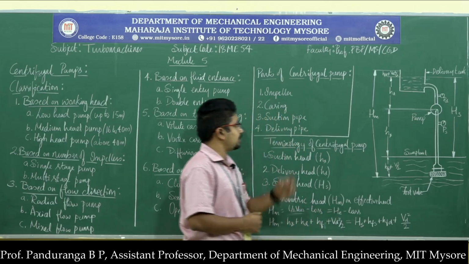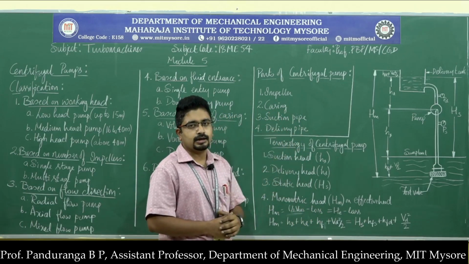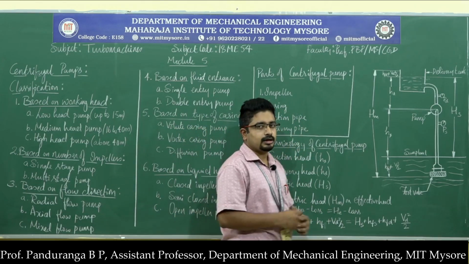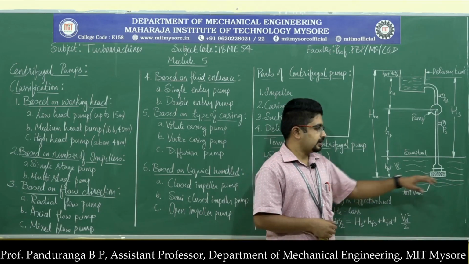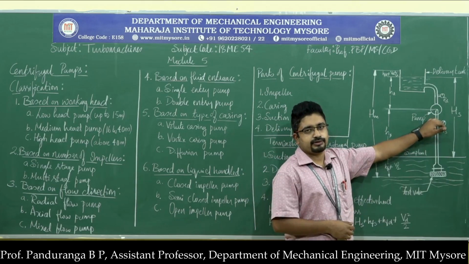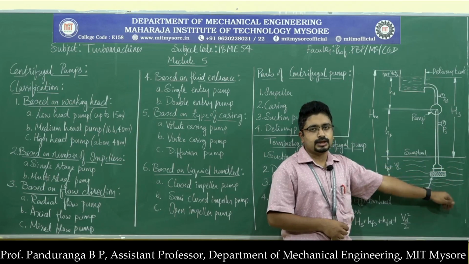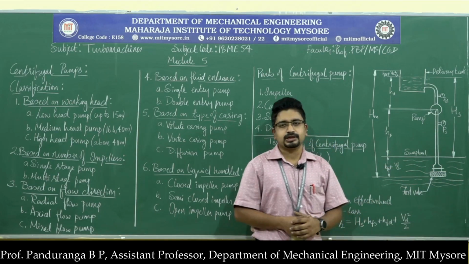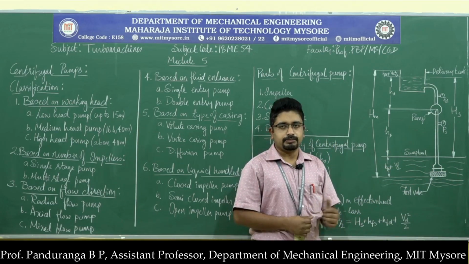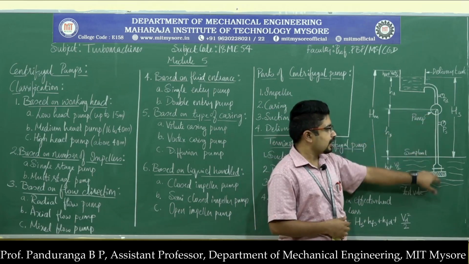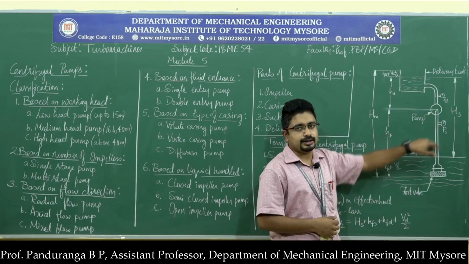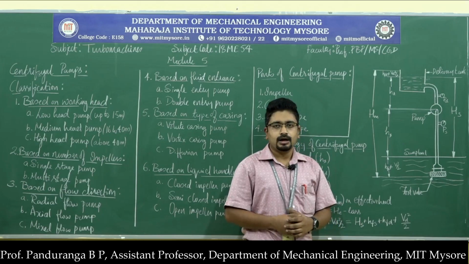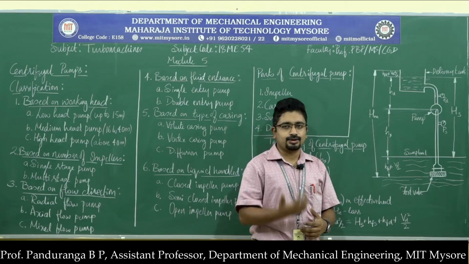The casing provides an airtight seal for the impeller, and we need to ensure that there will be no flow of water from the suction side into the sump when the pump is not running. If there is no liquid in the suction pipe, then the impeller will be just rotating.